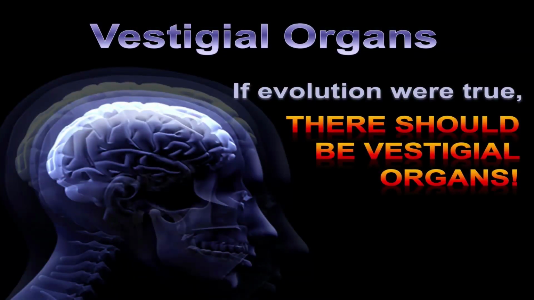It's as if the human body came into existence designed the way that it is, with purposes in mind for everything that we have in our body, which is, of course, exactly what the creation model says is the case. So in the end, the vestigial organ argument really has done nothing but provide more evidence that the creation model is the logical explanation for the origin of the universe.